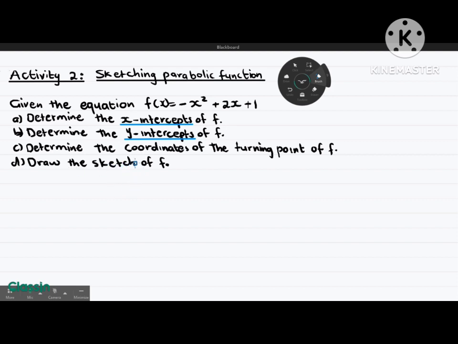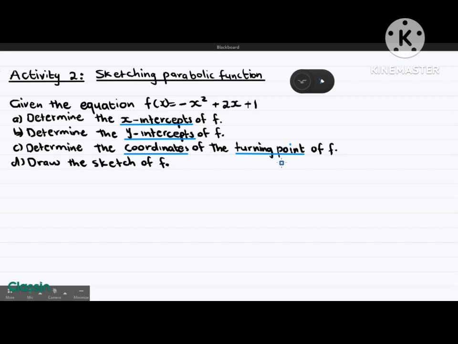The x-intercept and the y-intercept will help us to sketch the graph. One other thing that we also need are the coordinates of our turning point. These are the three most key things that we need in order to sketch the parabolic function. I want us to highlight the turning point. I mentioned in the previous activity that when you work around the turning point, there is a formula that you need to use.